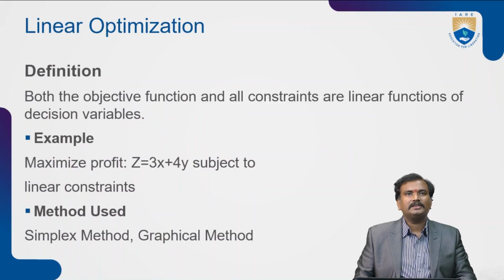In linear optimization, both the objective function and all the constraints are linear functions of decision variables. A linear function is one which does not have any non-linear elements. Then only we can call it a linear function.